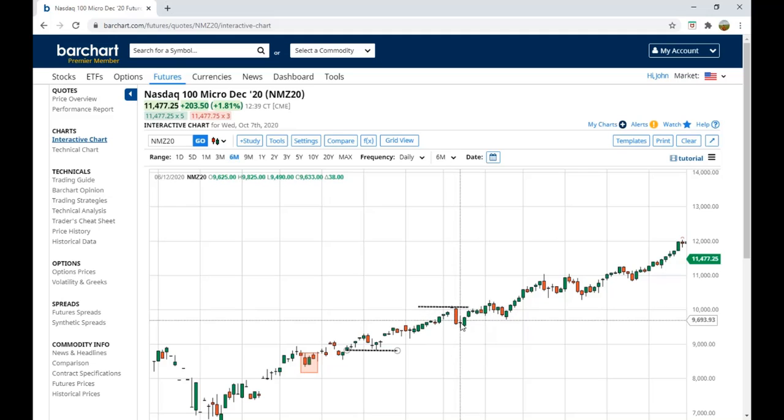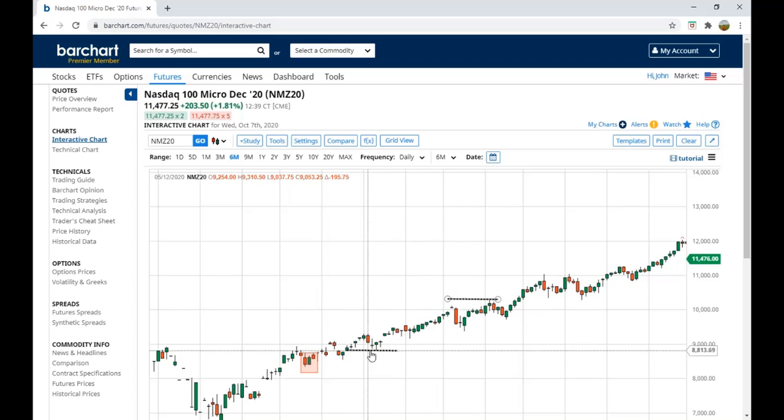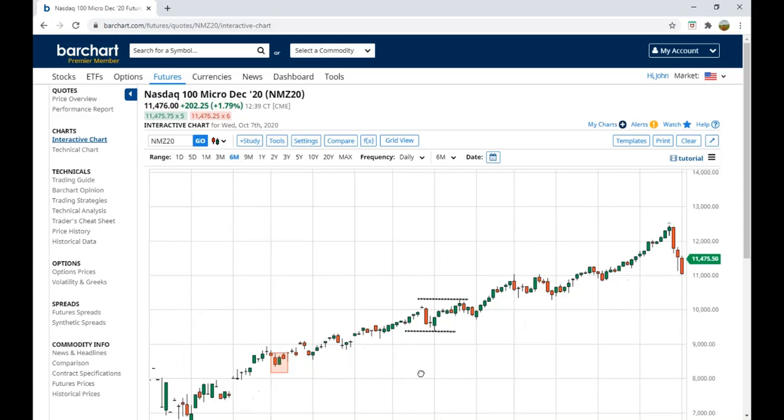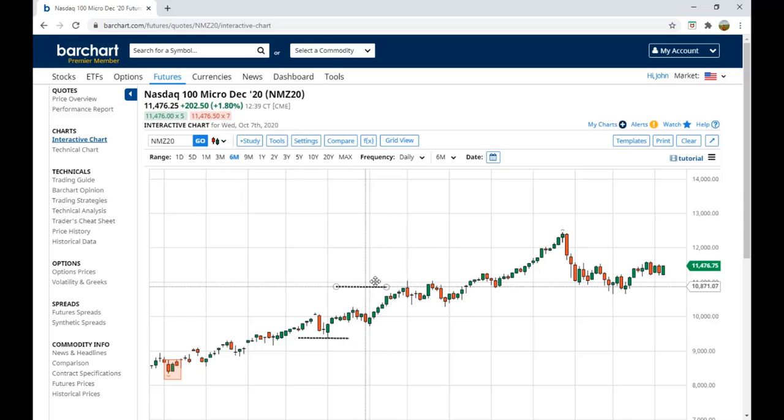Price retreats, and it takes out our high, makes a new high, and we move our stop to that most recent low. Now price retreats, price breaks our high, makes a new high.